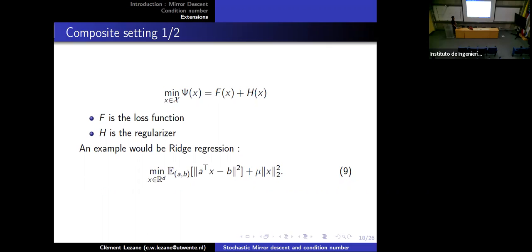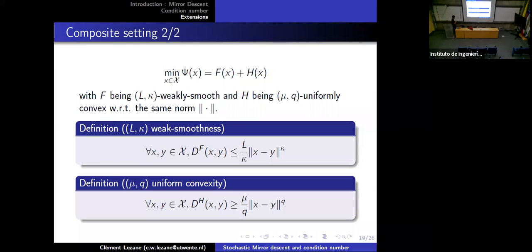In the George Lan paper, they suggest F to be strongly convex and L-smooth, as we have done before. Here in our case, we want to support the complementary setting, which is that F is still going to be smooth, or weakly smooth, an extended version of smoothness. This time I'm going to support H, the regularizer, having the strong convexity term.